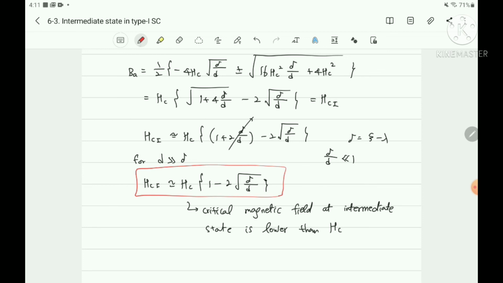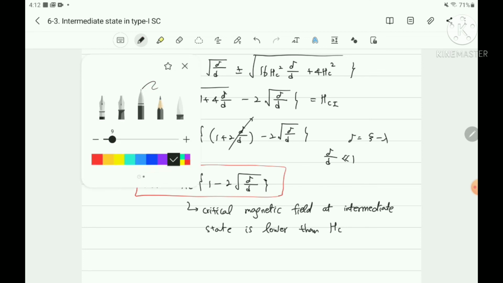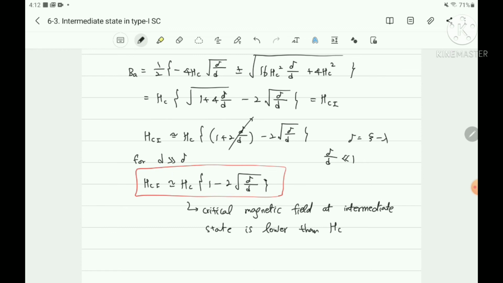In the intermediate state, in the one-dimensional laminar structure, the critical magnetic field is the magnetic field at which the sample becomes a normal state, and in the intermediate state the magnetic field is lower than the critical magnetic field, by as much as this latter term.